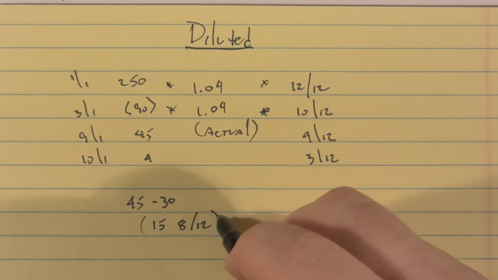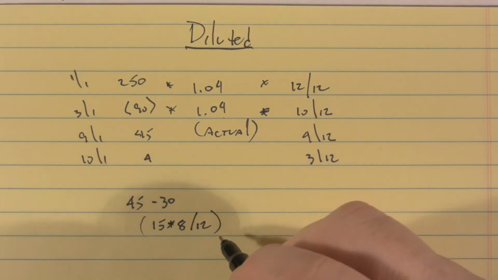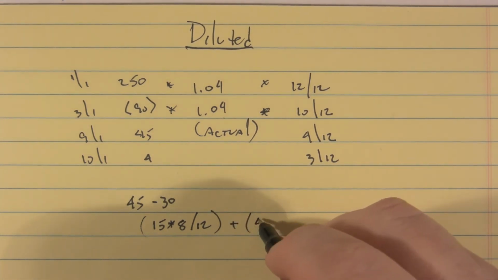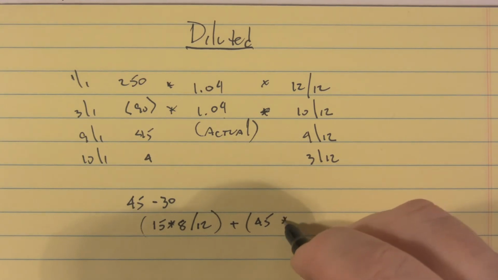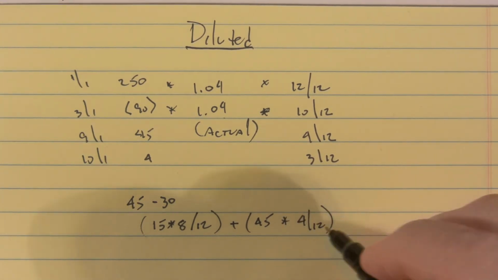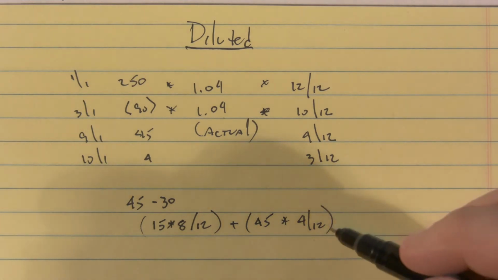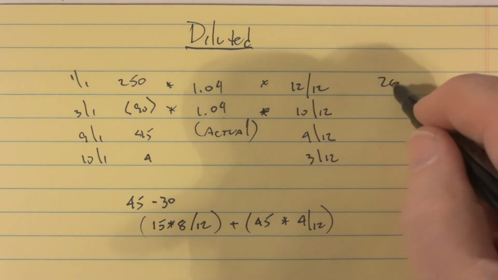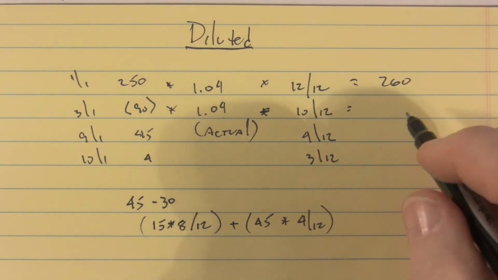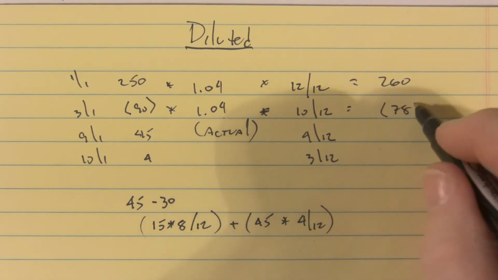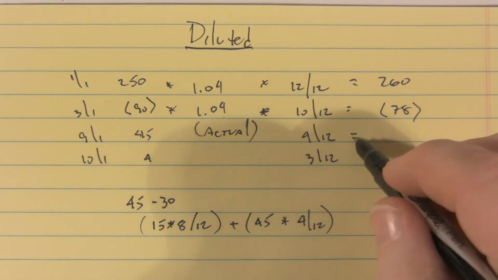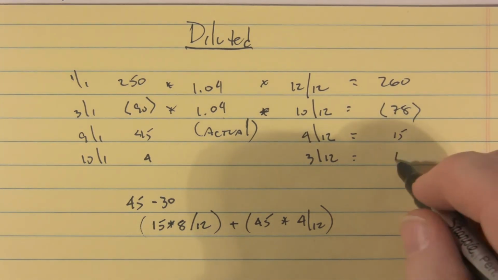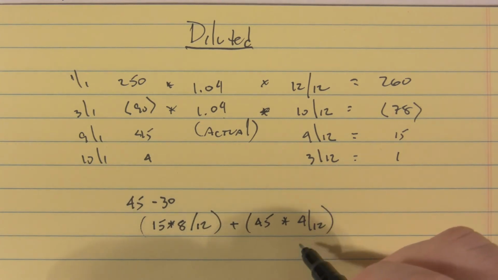Okay, so we have to do that. Plus, we have to account for the 45 million that were actually out for 4/12 of the year. Okay, so we need to do that. So all of these numbers we have, this is 260, this is 78, this is 15, this is 1, and so we've done this piece of the adjustment.